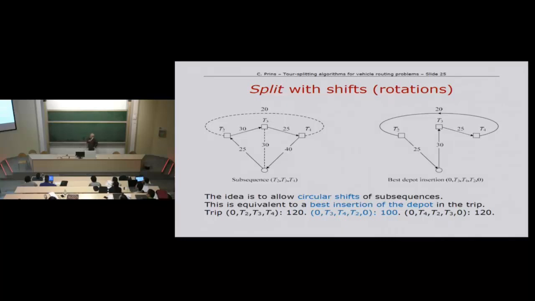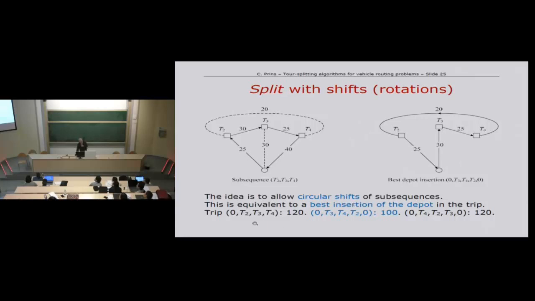As an example of an improved version, you can do a split with shifts. So here it's just a subsequence of a giant tour, a subsequence T2, T3, T4. Usually the cost that we put in the auxiliary graph is the cost for this trip. So 25 plus 30 plus 25 plus 40 to come back. But now we could do a circular shift, or if you prefer, it corresponds to a best insertion of the depot.